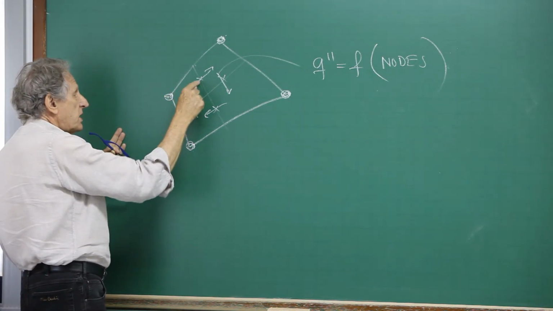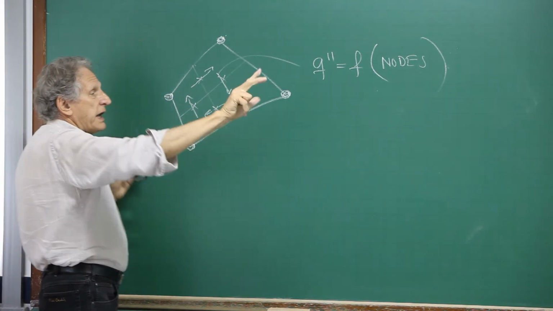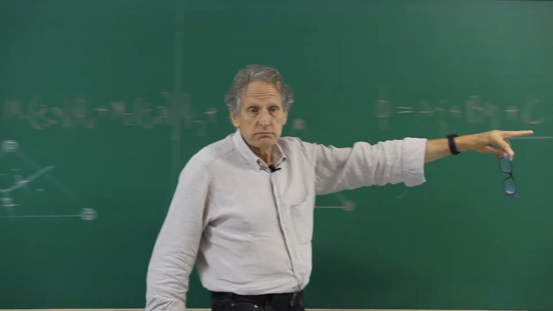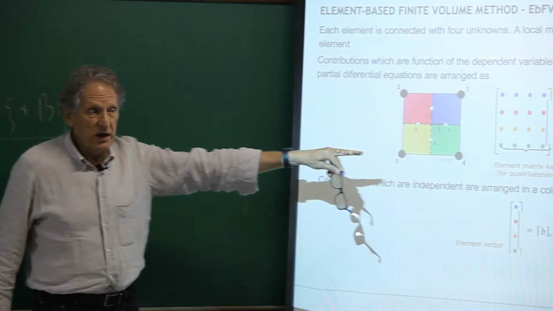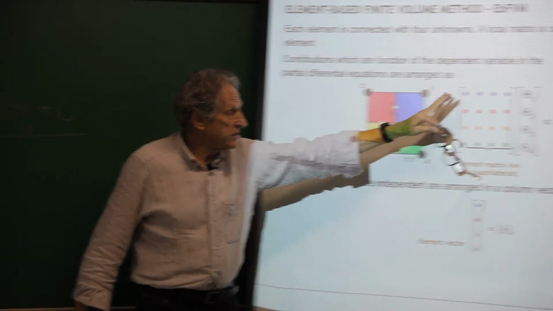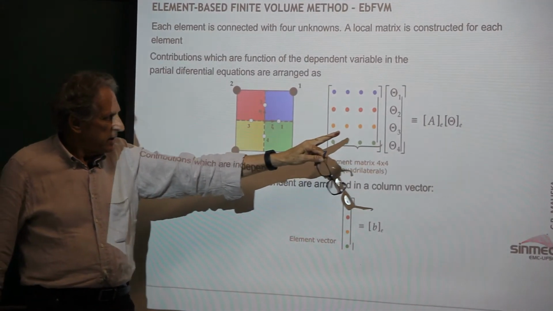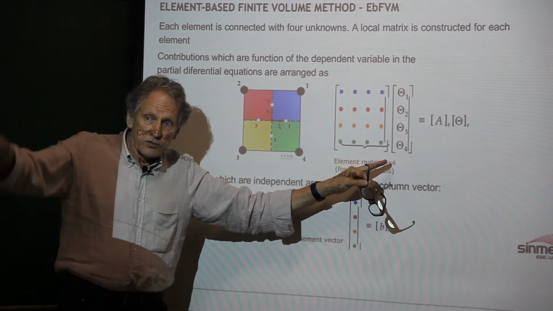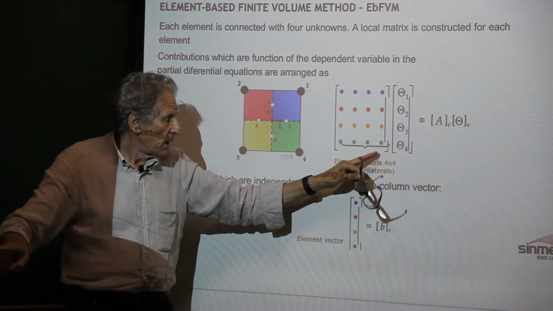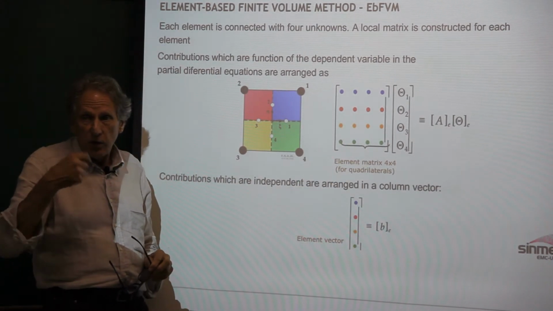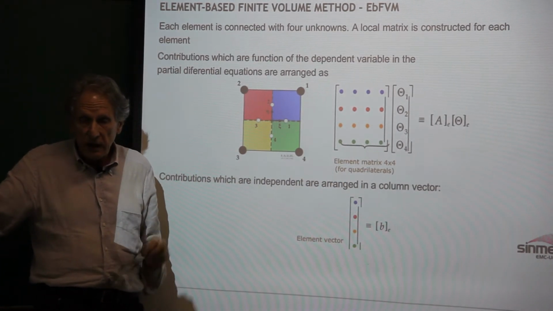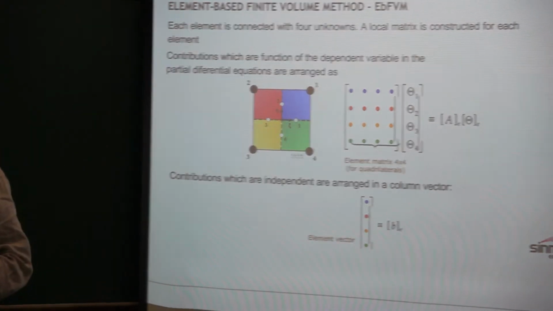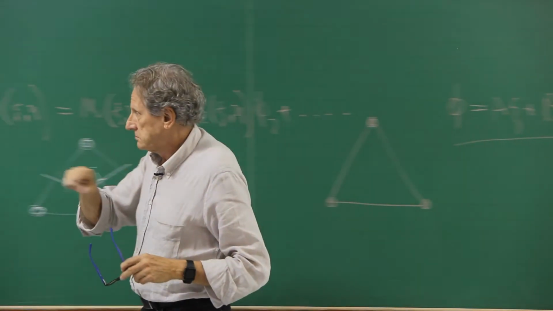I calculate this one, this one, this one, this one, and I save this in a matrix 4 by 4, a matrix A with the 4 nodes, and I'm calculating the flux on that. What I'm saving in this matrix is 4 fluxes.